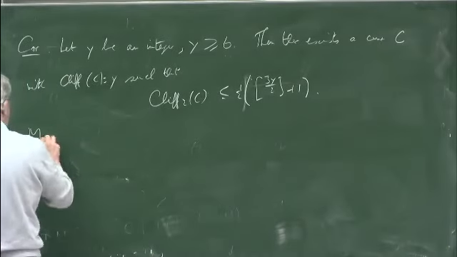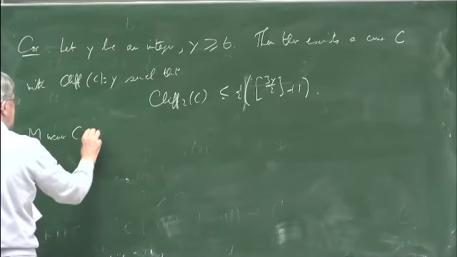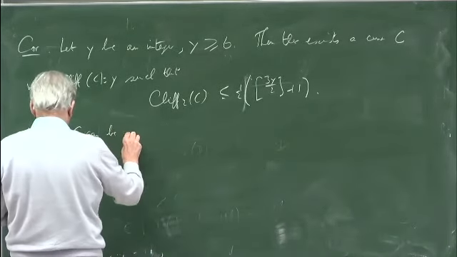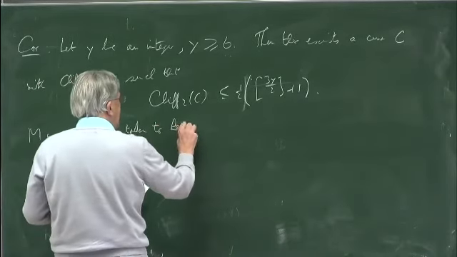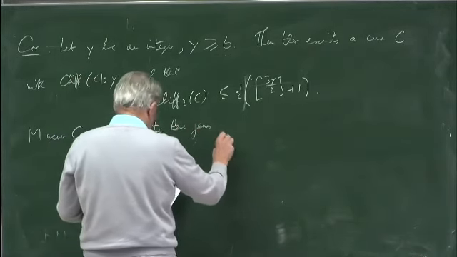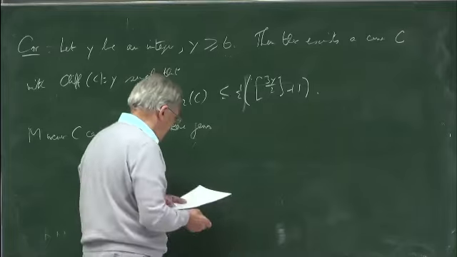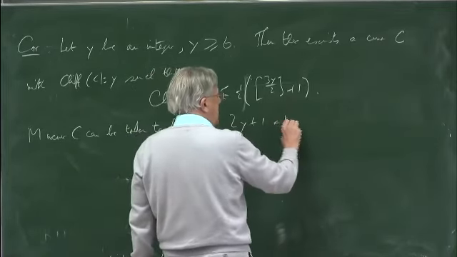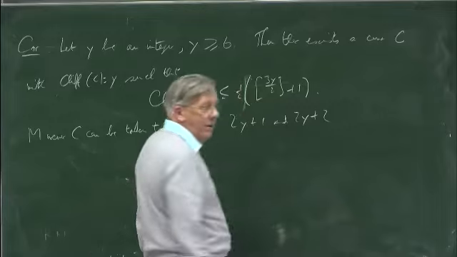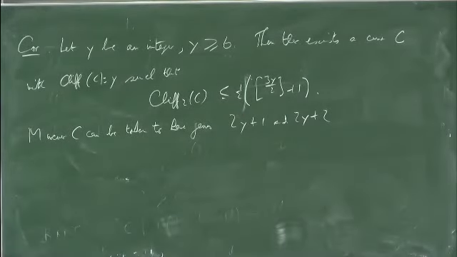Moreover, C can be taken to have genus 2 gamma plus 1 or 2 gamma plus 2. In other words, the two genera which give the integer part of (g minus 1) over 2 equal to gamma.